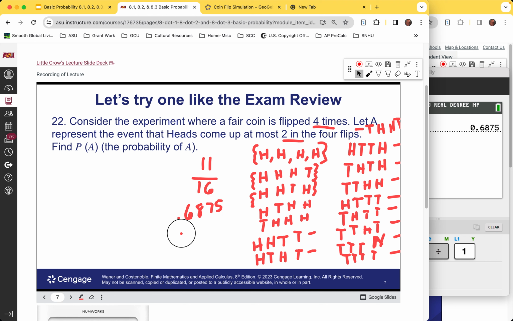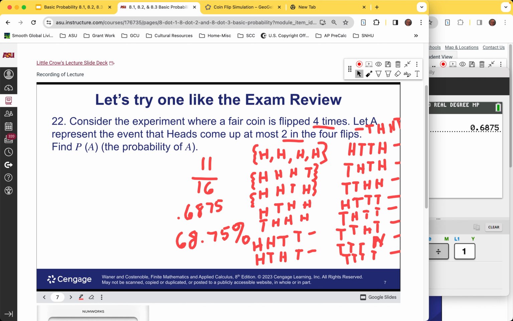Or we can write it as a percentage, 68.75, multiplying by 100%. I personally like percentages because I can think a little easier in percentages. I can compare that to 100 more easily than I can with the fraction.